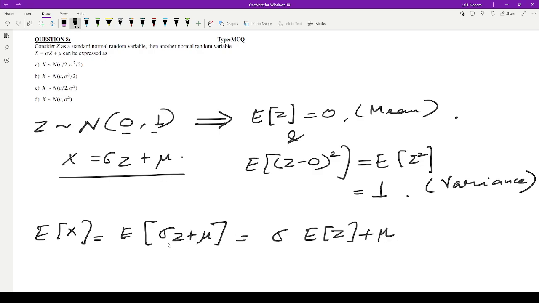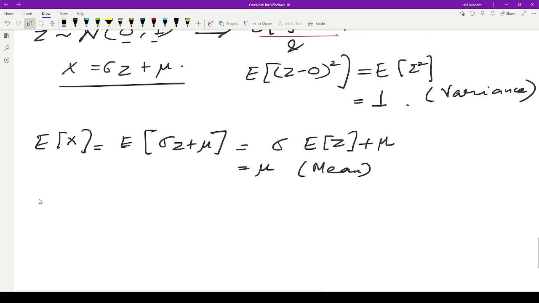Mu is also a constant, and expectation of 1 is 1. And from here we see that expectation of z is 0, which gives us expectation of x is mu. That is, the mean of the random variable x is mu.